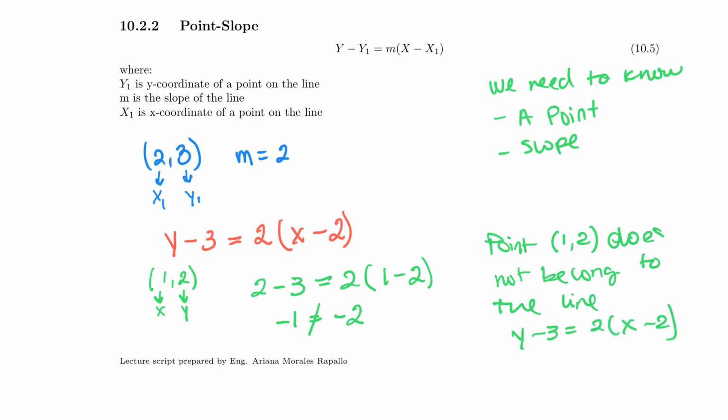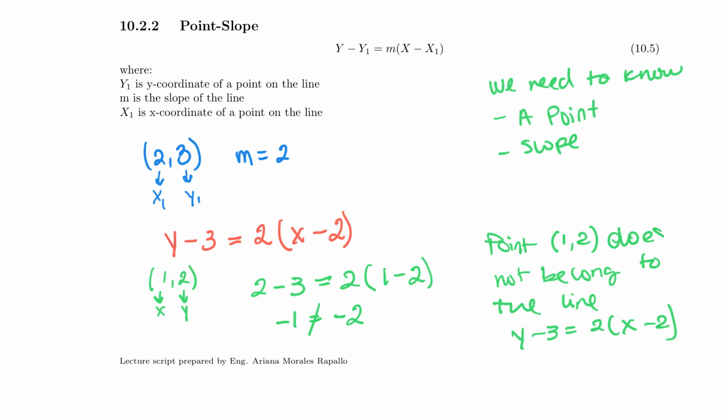Okay? So again, if we substitute a point, in this case 1, 2, into the line equation that we have and the equality is not satisfied, it means that the point does not belong to the line. Okay? Again, what does it mean that a point does not belong to the line?